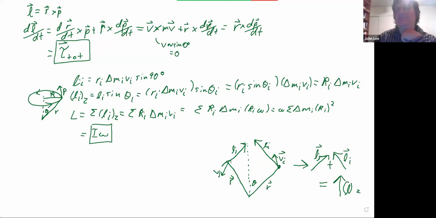So yeah, this is pretty analogous to what you've been doing before. It's just the same thing, but with your linear variables swapped out with their angular analogs.